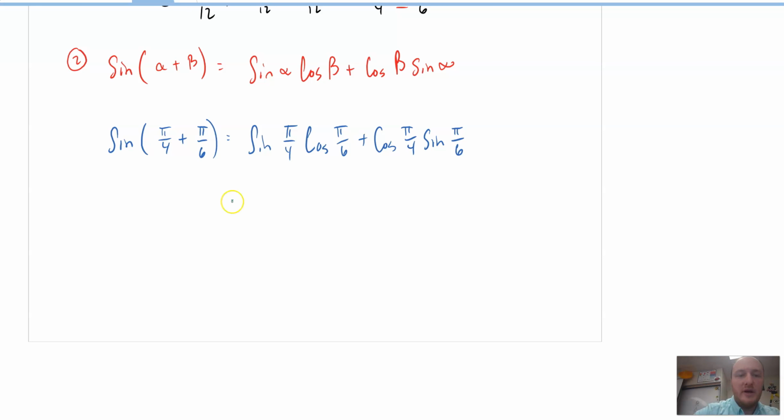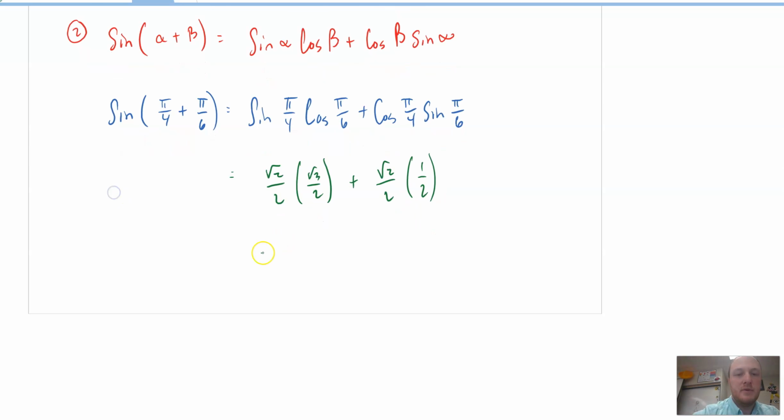All right, so we'll go ahead and simplify now. So square root of 2 over 2 times root 3 over 2 plus root 2 over 2 times 1/2. Okay, and here we get root 6 over 4 plus root 2 over 4.